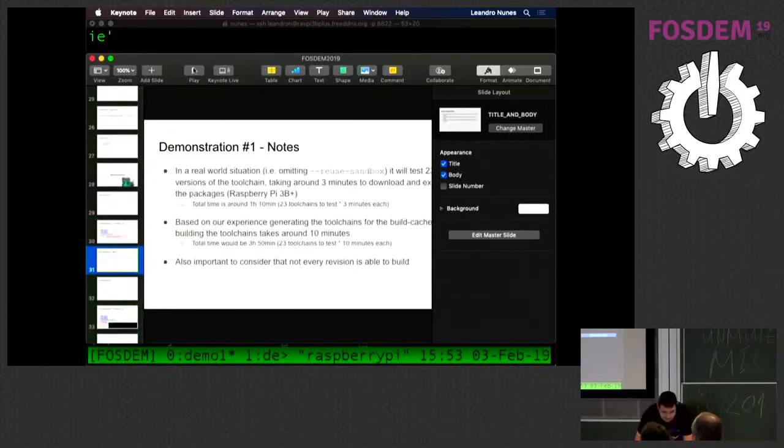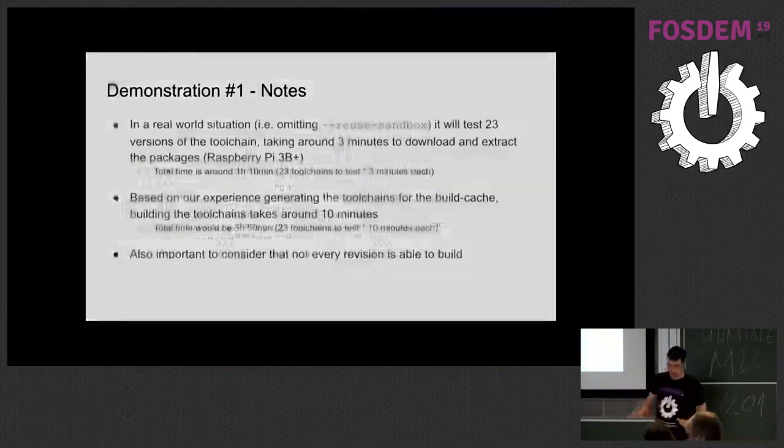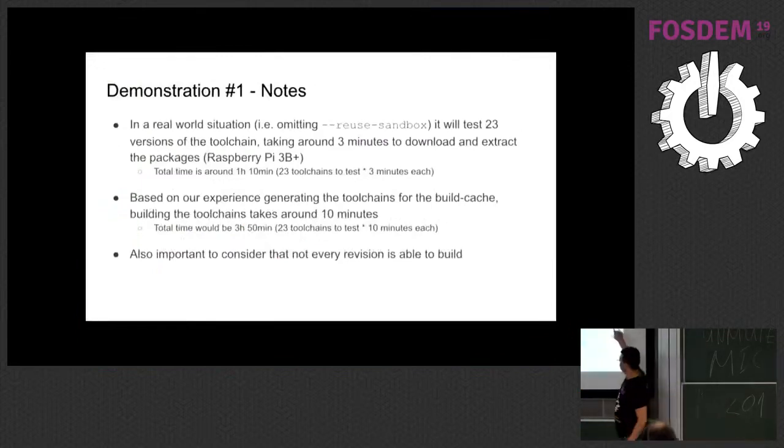I just need one more minute, just for a few discussions. To summarize the gains that we will have on time spent on bisection: in that demonstration I did, I have already cached the download and the versions, and I have already extracted those versions. So it runs really artificially quick because I have everything pre-cached.